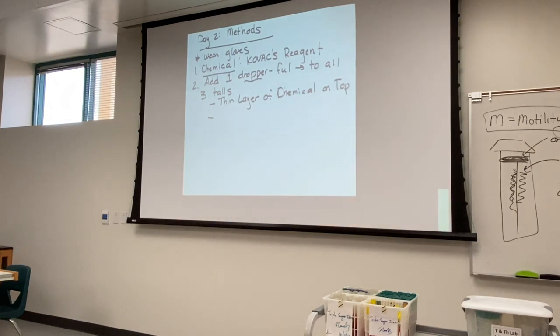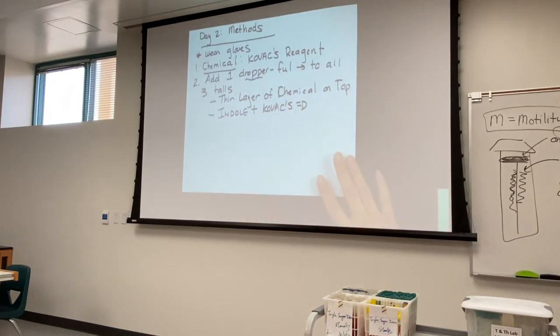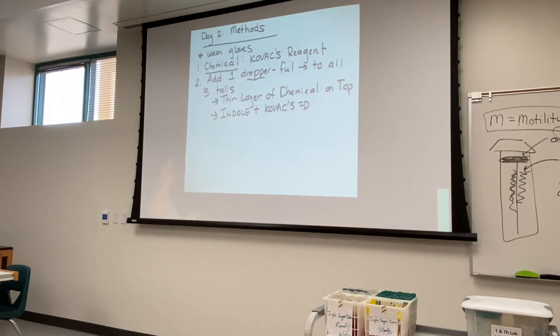Just to clarify, because I think it is a little confusing, the way this works is that byproduct called indole. We're hoping that it reacts with Kovacs together in your test tube. Your lab manual says that when the 2 react together, you get a cherry red. I noticed with our chemical, though, it's more of a pink red.